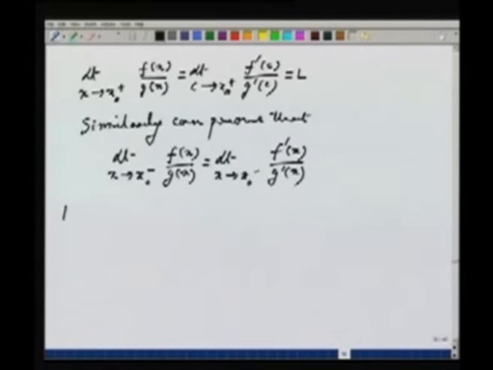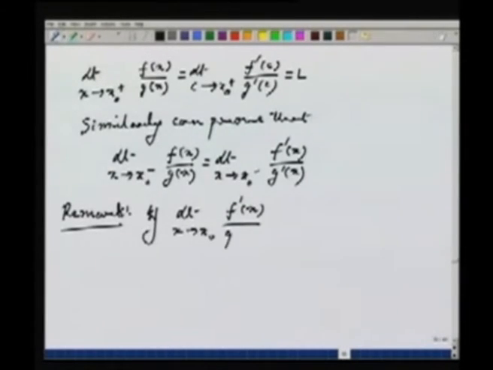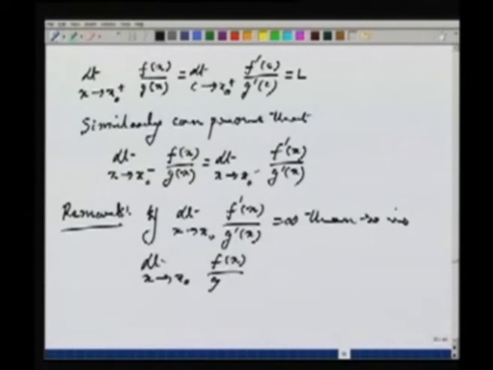I will just make one remark here which becomes useful: if limit x going to x naught f prime x by g prime x is infinity, then so is limit x going to x naught f(x) by g(x), because our proof does not actually depend on the value of L, which is the limit.